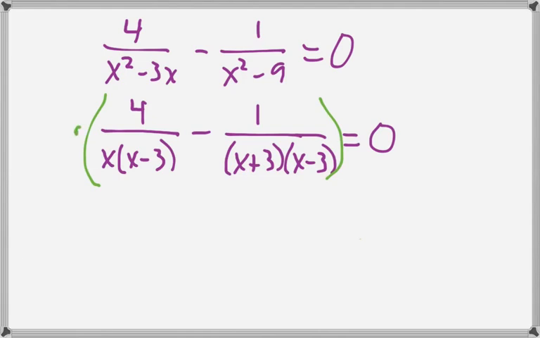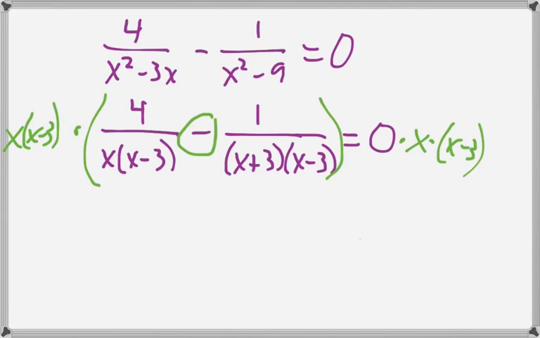So for example, here if we look at our first denominator, there's a factor of x, so we need to multiply both sides by x, because then that will get rid of the x factor in the first denominator. Our first denominator also has a factor of x minus 3, so we'll need to multiply by that. Now since we have this minus sign on the left, whatever we multiply by is going to get distributed to each fraction.